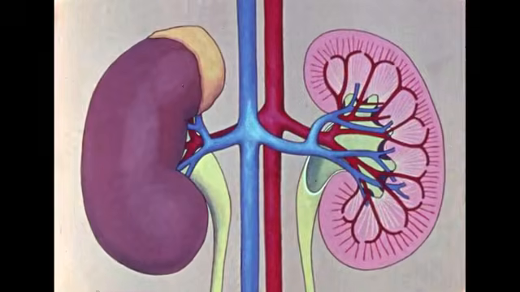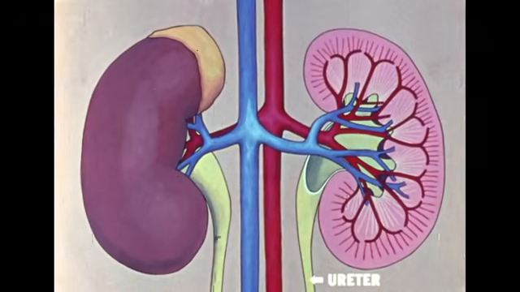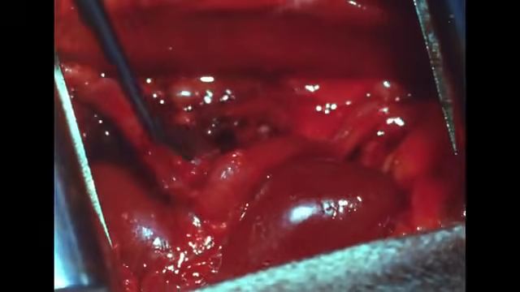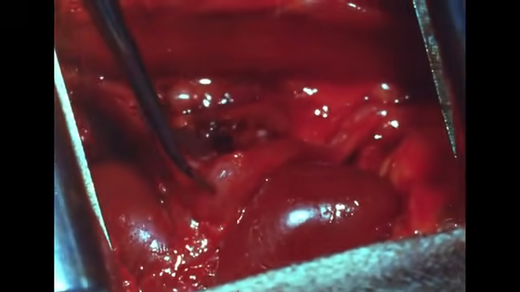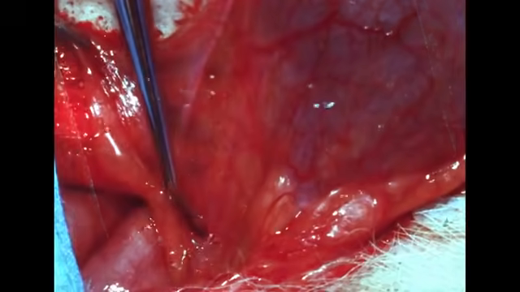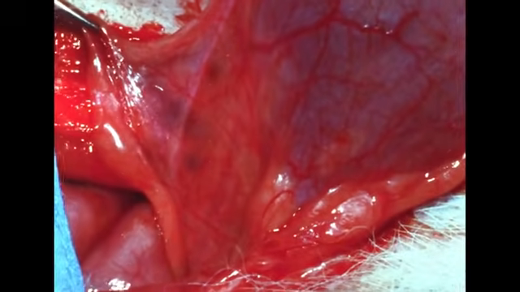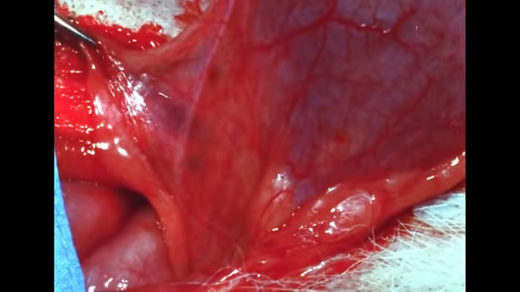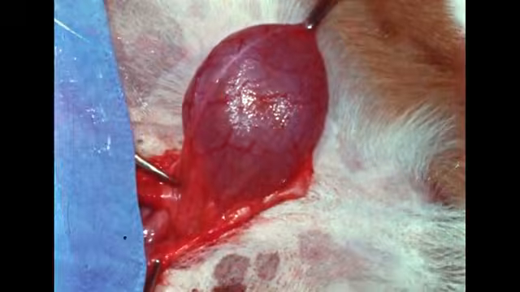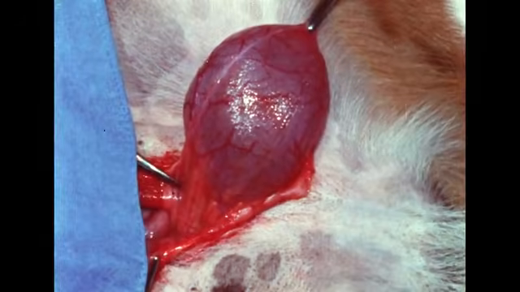These discharge into a central cavity that connects with the ureter. The urine passes through the ureter to the bladder, where it is stored. Eventually, the urine is expelled to the outside through the urethra.